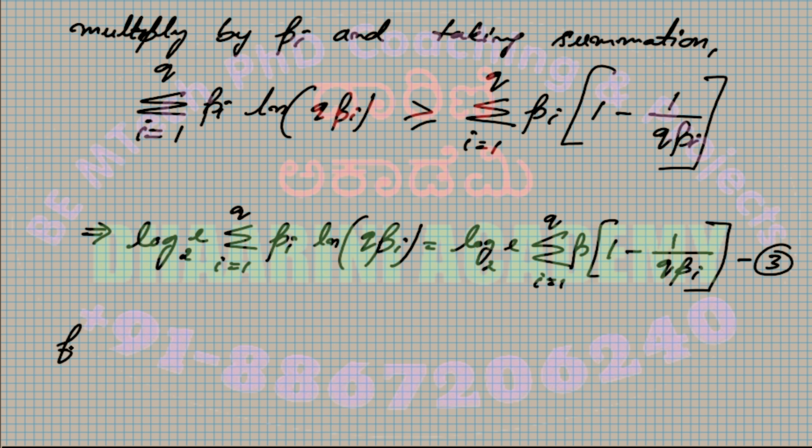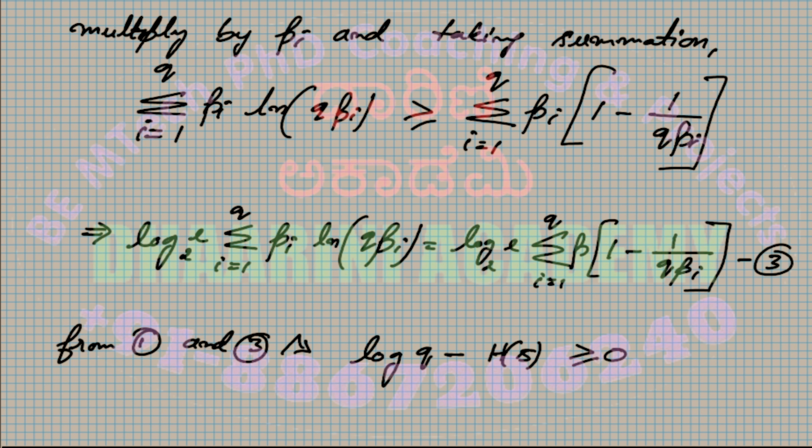So I'll compare. From 1 and 3, I can come to a conclusion that the LHS, that is log q minus this h of s, should be greater than or equal to 0. Right? What is the meaning of that? That implies h of s is always lesser than or equal to log q.